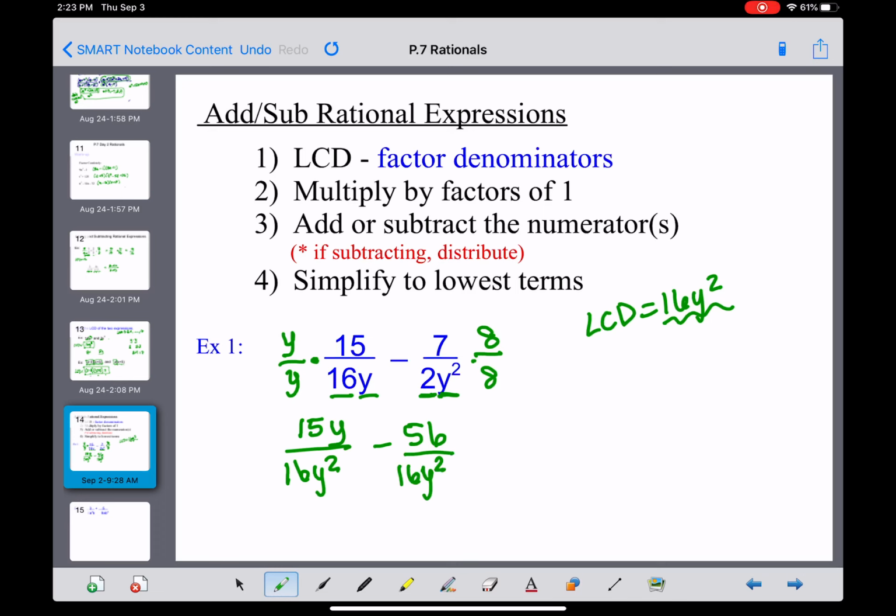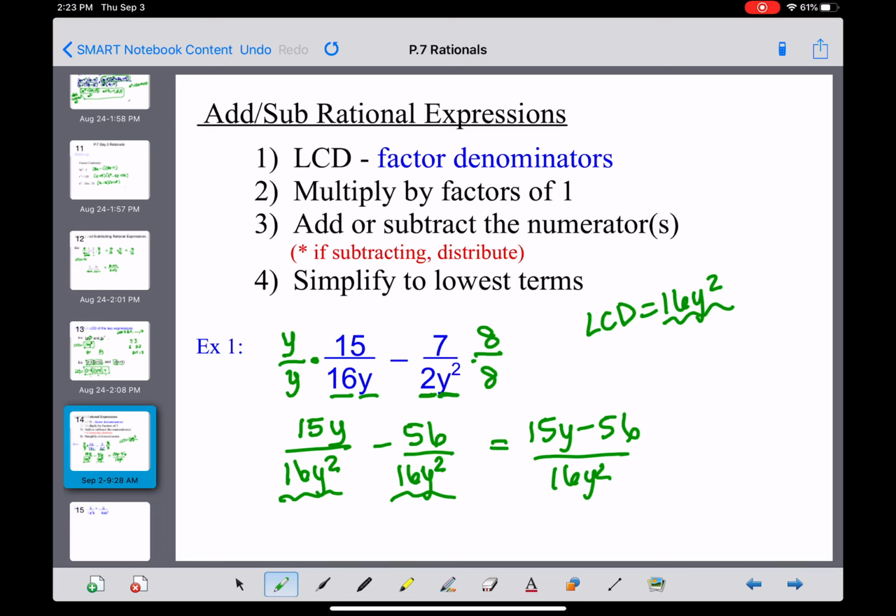So do we see how that works? We found what the LCD needed to be, so that would be how we'd get them to be the same, okay? That's the least common denominator that we have, so that these would be the same. We multiply by what's missing, now these are the same, and I can just subtract my numerators. So on this one, I have 15y minus 56 over 16y squared. Okay, so that's the add or subtract the numerators.